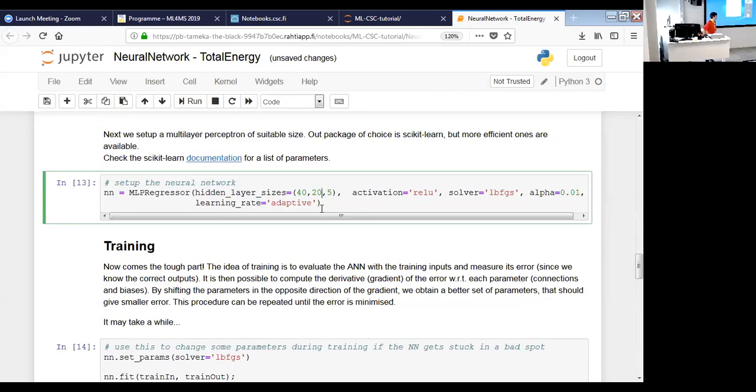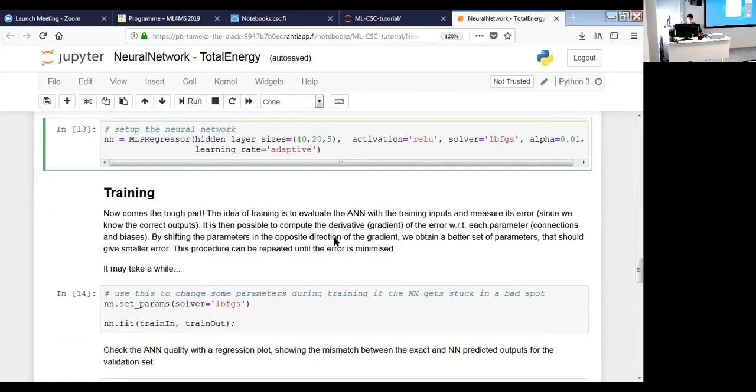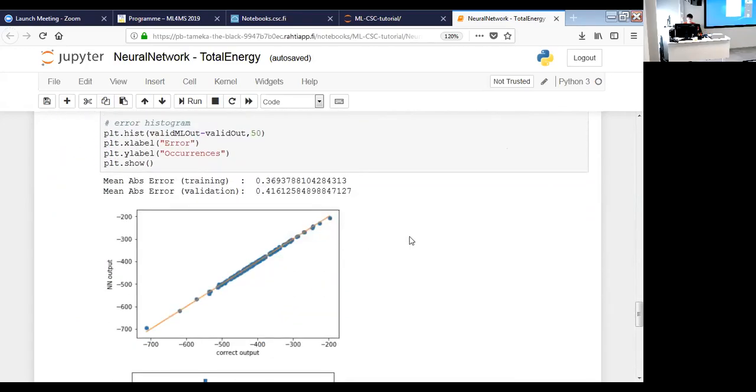Then I reduced it to 100, 40, for when it actually worked, and now I use this one. It worked. And it's even better than before.